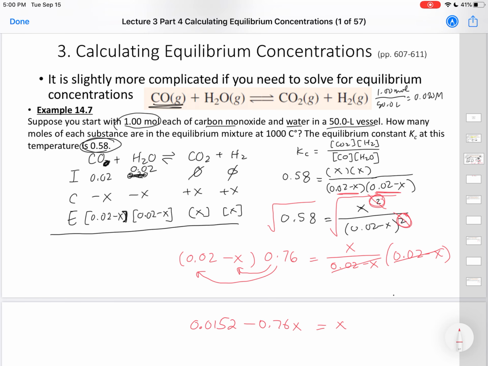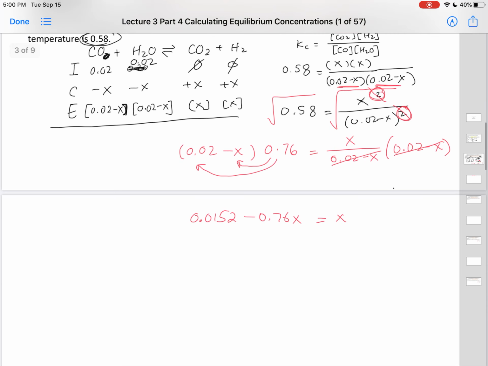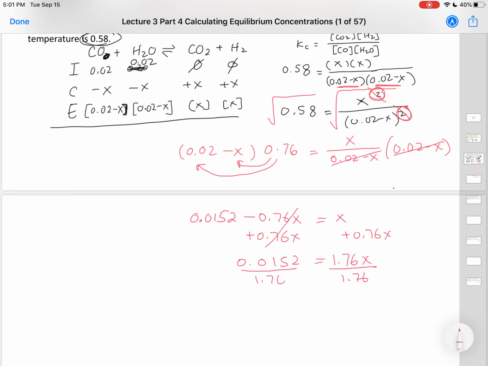We're going to add 0.76x to both sides. That gets rid of that. So 1x plus 0.76x is 1.76x, equal to 0.0152. I'm going to divide both sides by 1.76, which cancels out the 1.76. I have x equals, and that comes out to 0.0086. That's what x is equal to.